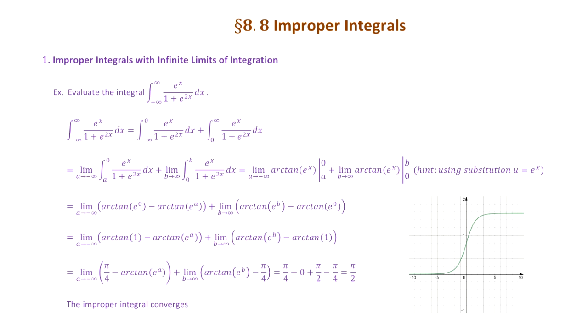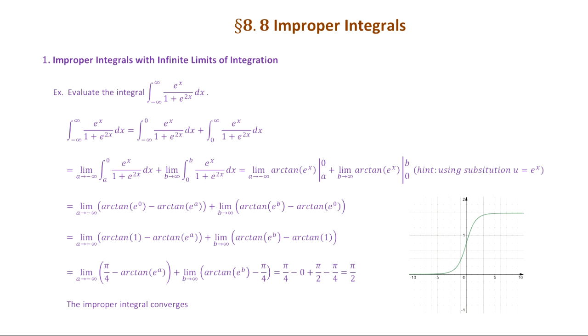So in the first term, you got arctangent e to the x from a to 0 and take the limit with a approaching negative infinity. And in the second term, that function arctangent e to the x, from 0 to b, and then take the limit of the result with b approaching positive infinity.